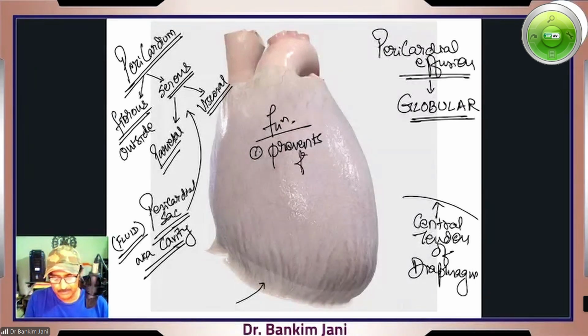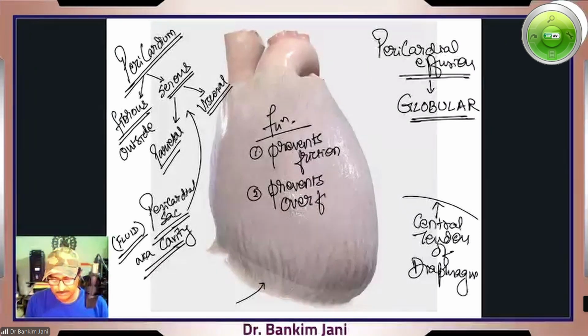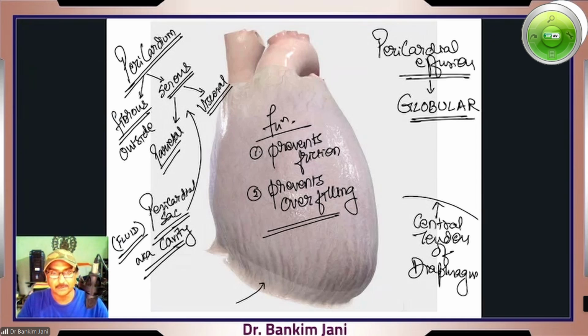And the second thing is that it prevents overfilling. So you can say such good protection is given to the heart, but still when the heart enlarges, when you find that there is cardiomegaly, that means something is seriously wrong. That's why it can really go to that level.